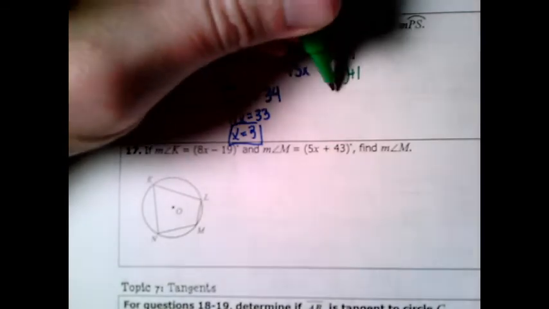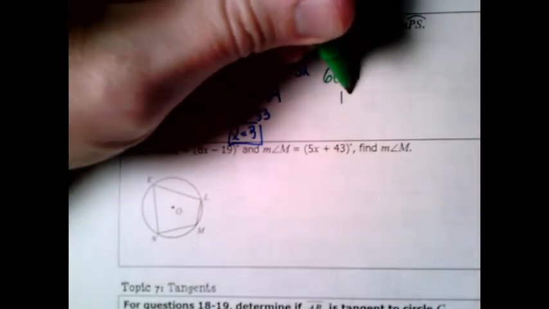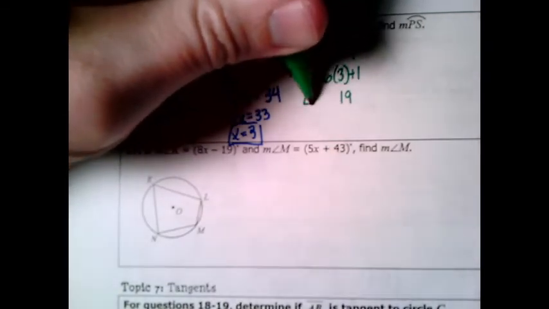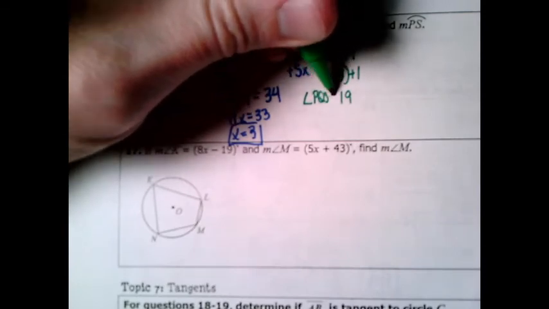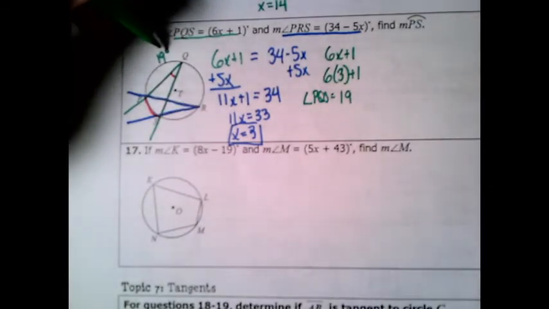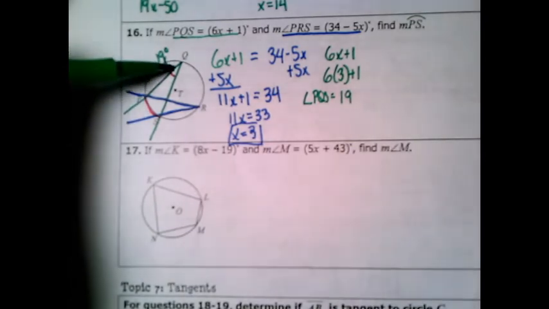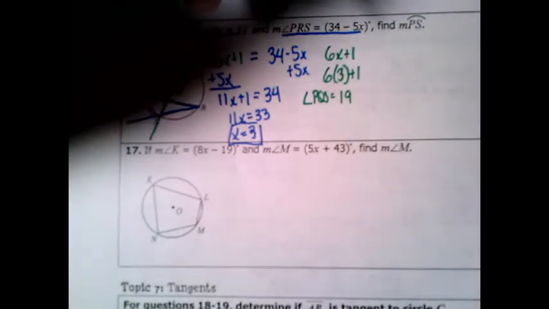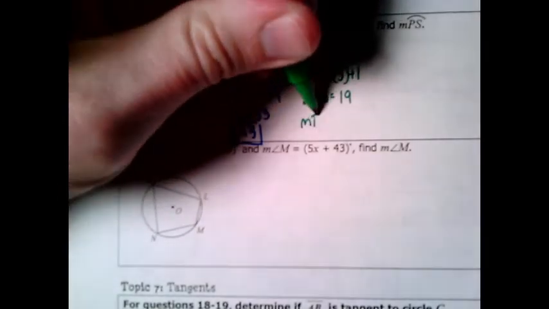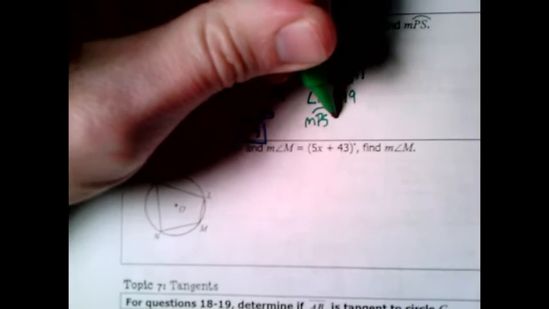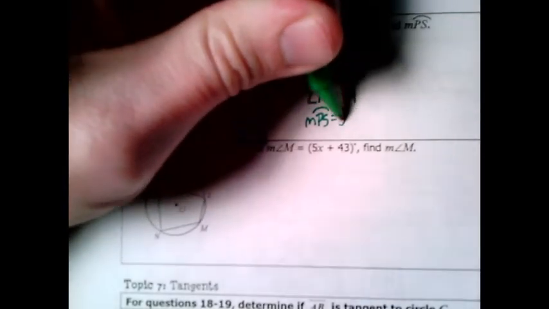And when I solve for that, it gives me 18 plus 1, which is 19. So that's angle PQS. So that's 19 degrees right there. But when I go from my angle to my arc, I'm going from small to big. I got to double it. So arc PS is 19 doubled, which is 38 degrees.